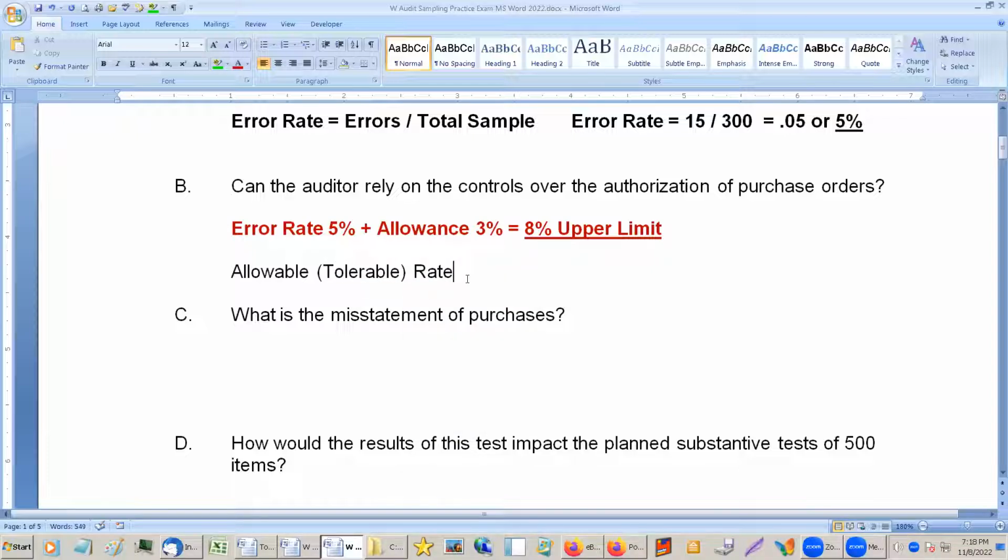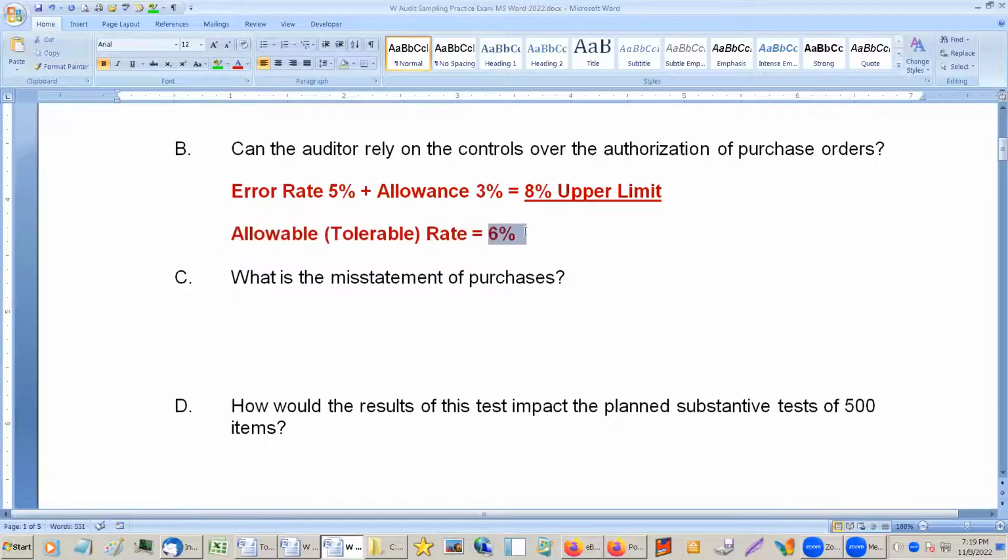So the most we can tolerate is 6%. So are we going to be able to rely on these controls?